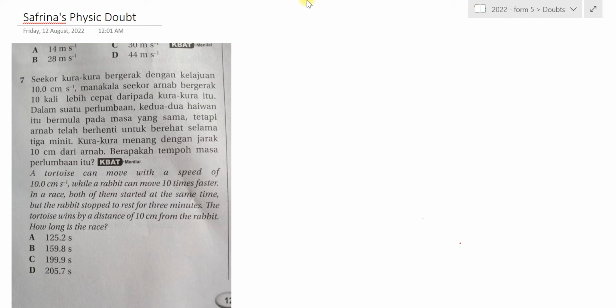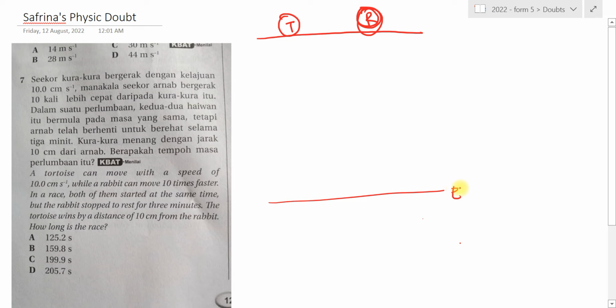Let's try to illustrate the situation given here. First of all, let's say this is the starting point, T for tortoise, R for the rabbit. They start at the same point, and this is, let's say, the ending point.